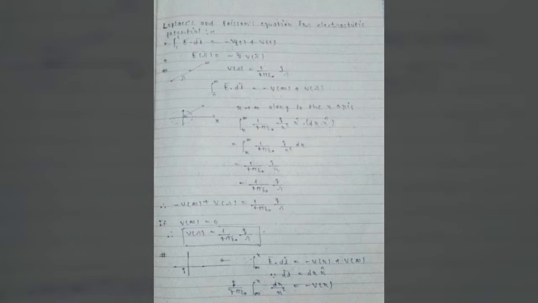So, now let me make a picture. This is my point charge, and I am going from a distance vector r all the way up to infinity, and I will go along this radial line. If you are not comfortable with radial coordinates, let us say I move along the x axis.